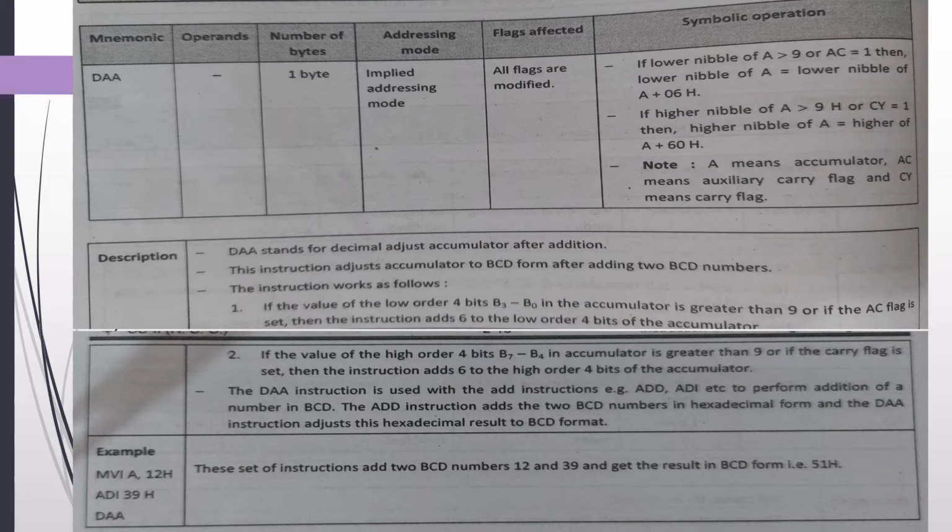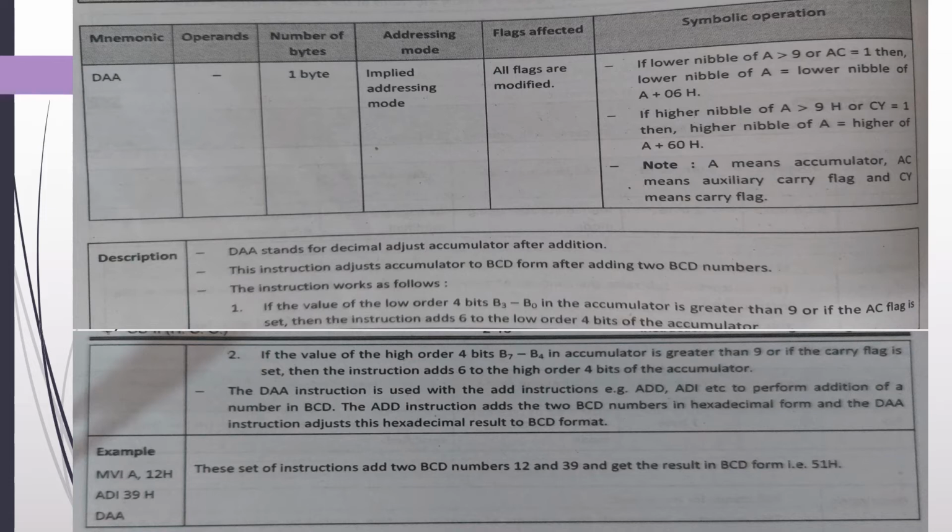If the higher nibble is greater than 9, or if it generates a carry, then you need to add 60 to the answer. If both conditions are true, then you need to add 66 to the answer. Whatever answer you get is the decimal result, converted from hex.